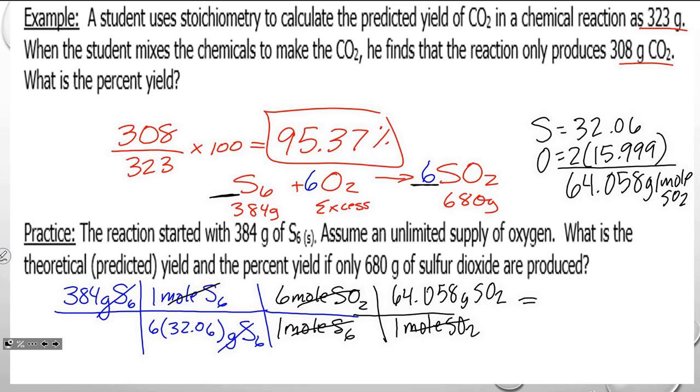Now, remember when you go to do this, though, when you hit the divide sign, make sure the whole bottom's in parentheses to get to the end. You don't have to put ones in. Okay? So I'm just going to go 384 times 6 times 64.058, and then I'm going to divide it by parentheses 6 times 32.06, close my parentheses.